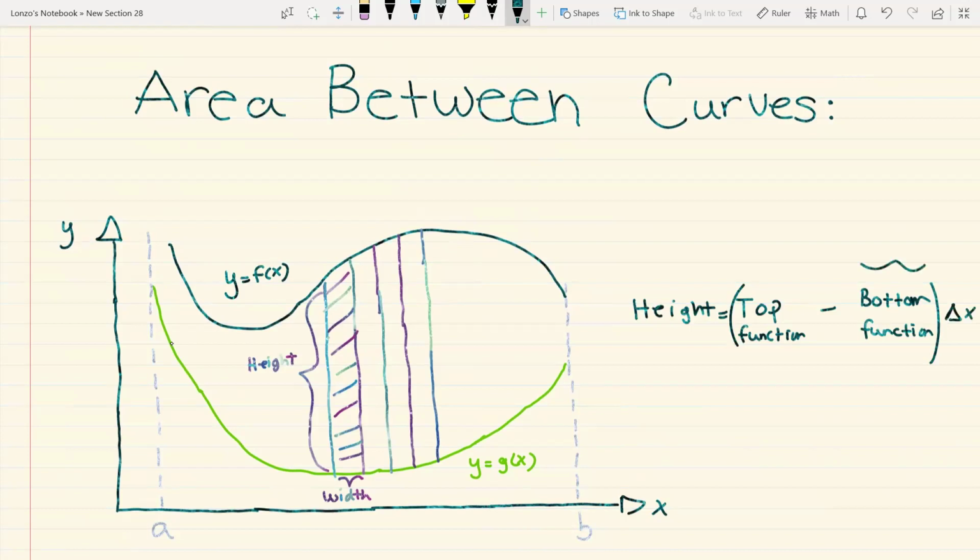Okay, so this is the height. Sometimes you'll have to go top minus bottom, and sometimes you'll have to go right minus left. So just note that if everything is in terms of x, or if your rectangle is vertical, you're going to go from top function minus bottom function.